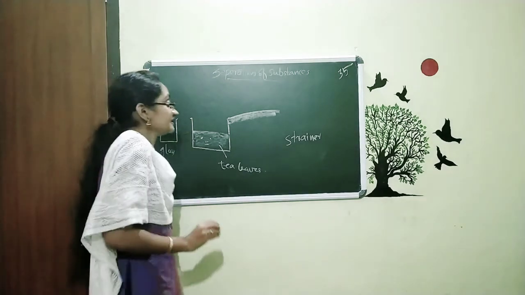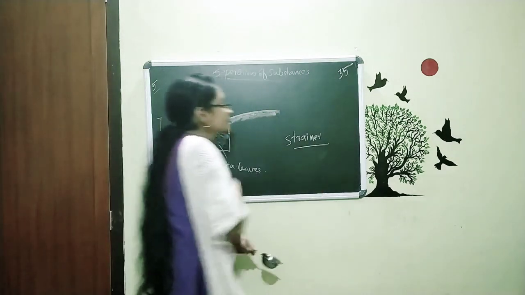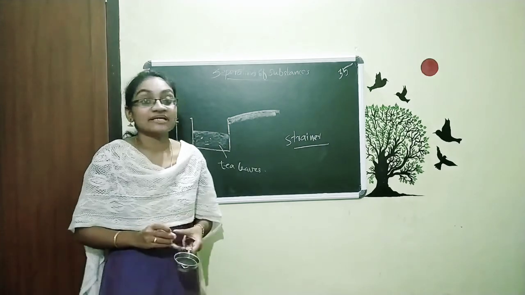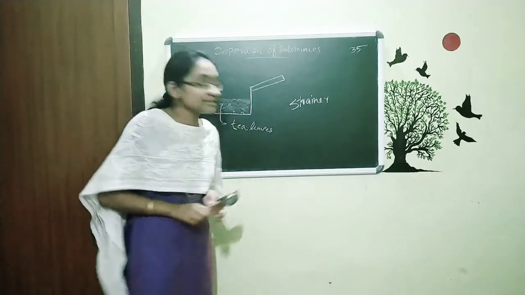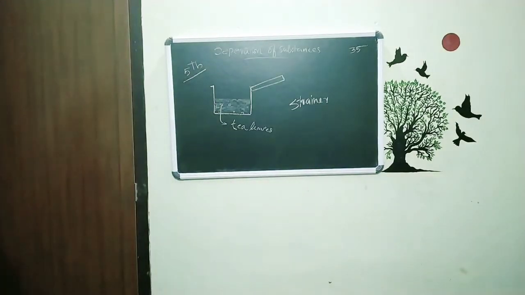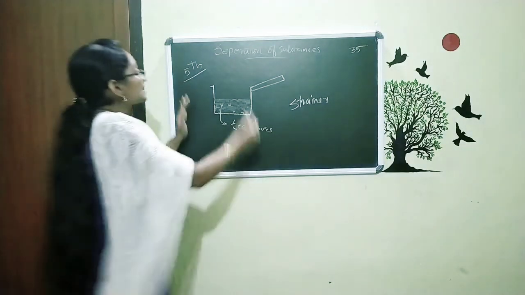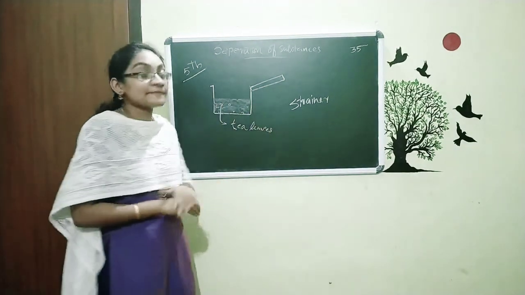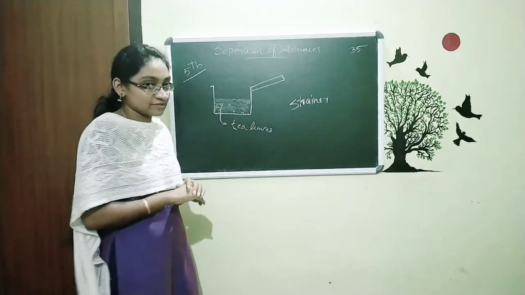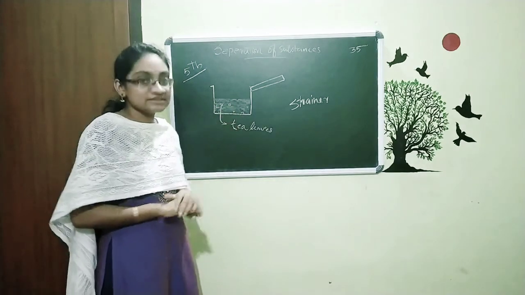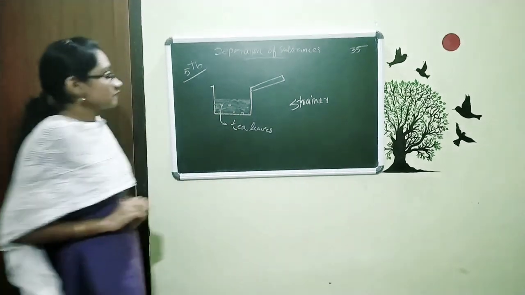Please remember this term, strainer. That is what we do when we are preparing tea. Here a type of separation of a mixture takes place. The mixture means the tea and tea leaves. That is one of the examples.